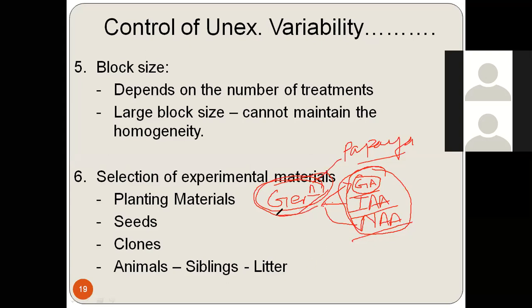So for that, I have used papaya, for example. How can I obtain the seeds? Because we need seeds to do the germination experiment. Where can we obtain the seeds? I'm going to Dambulla market.